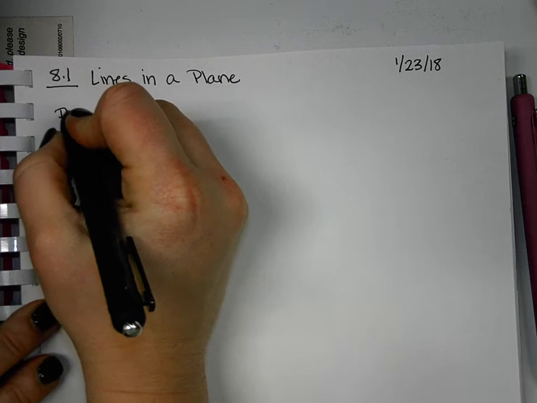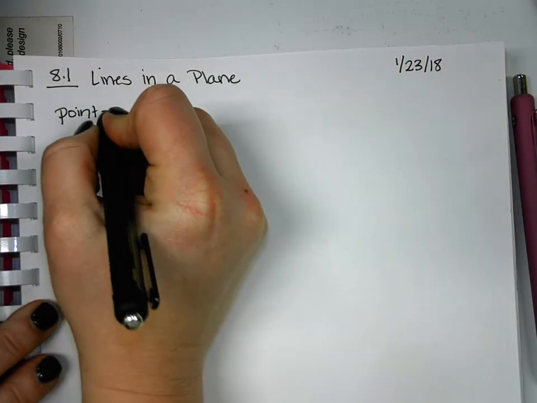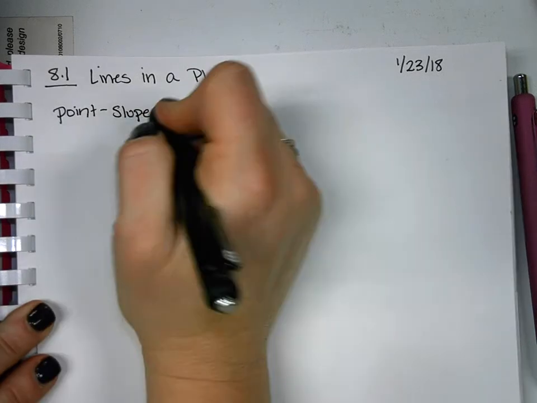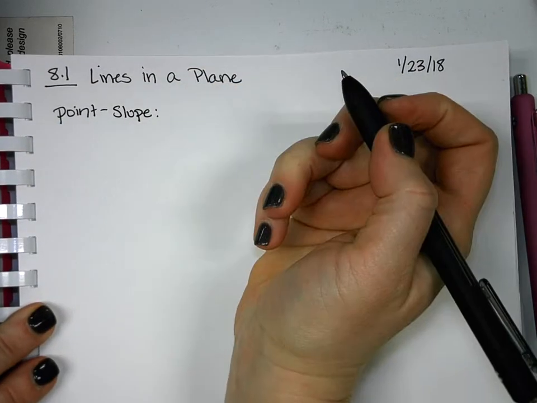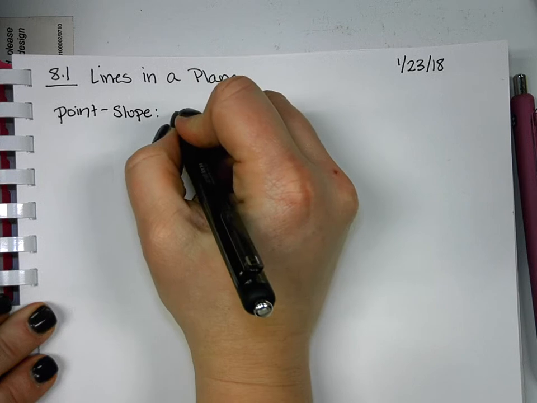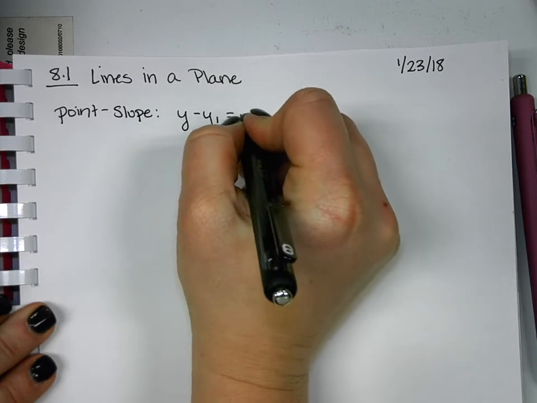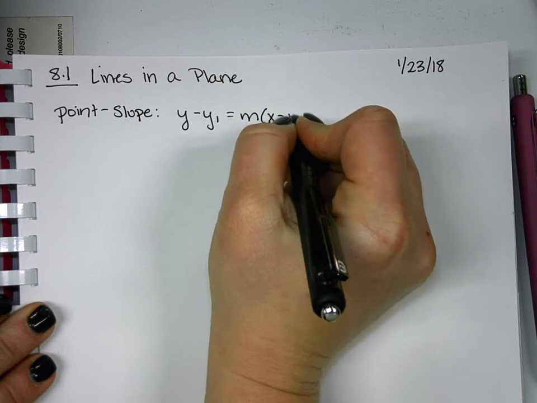So we're going to start off today by just going over lines in a plane. We had two forms that we write lines in. Our first form was point slope. This is probably the most common and, in my opinion, one of the easiest ones to do. You have your y minus y1 equals m times x minus x1.